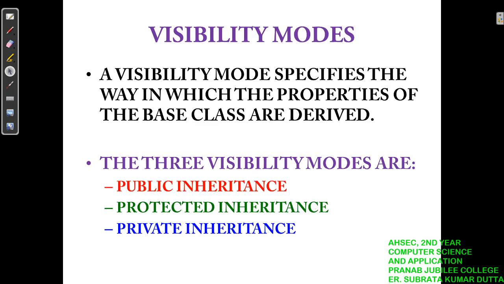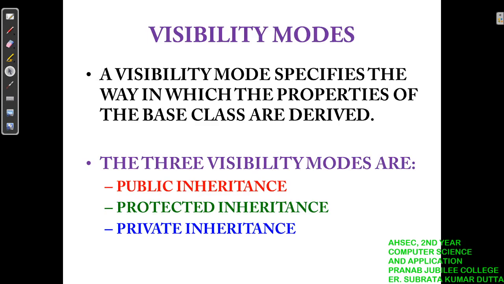Similarly, by visibility modes we can control how the members or the properties of a class can be inherited. How or what we can inherit from a class, we can specify using visibility mode.